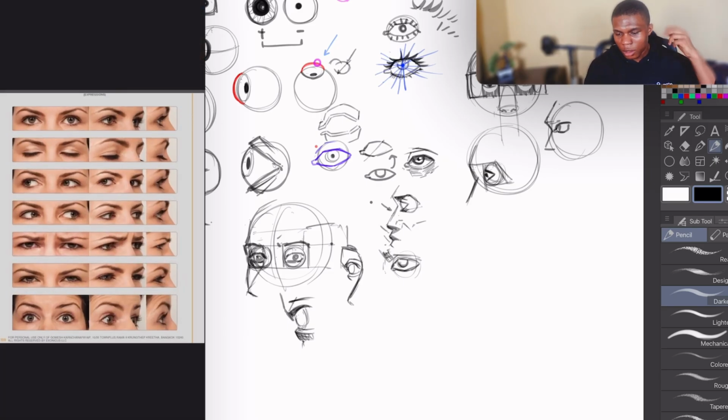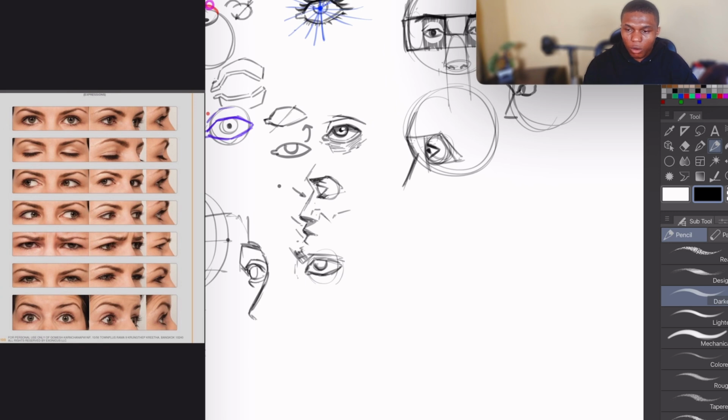When we smile, when we laugh, there are muscles that are actually aiding that process in our face. So just have that at the back of your mind when you're looking at the eye, and practice a lot of expressions, because what will make your character interesting is when you draw expressions, right?